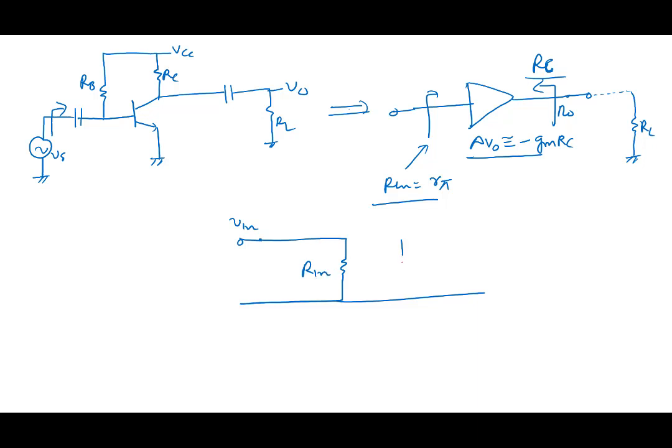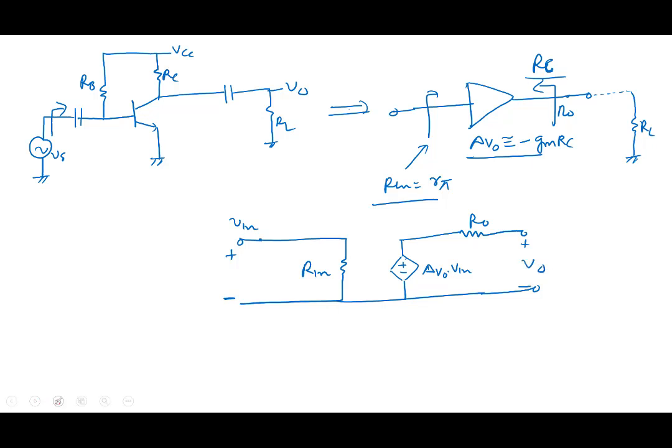And when I look at it from this side, it is a voltage source AV0 times Vin with a series resistance R0. That's what we are saying. This whole amplifier is like this, with plus minus Vin here, and plus minus here. This is the meaning of these quantities.